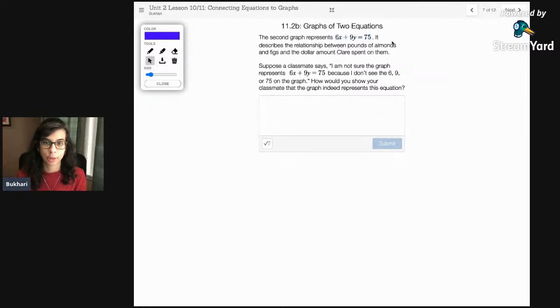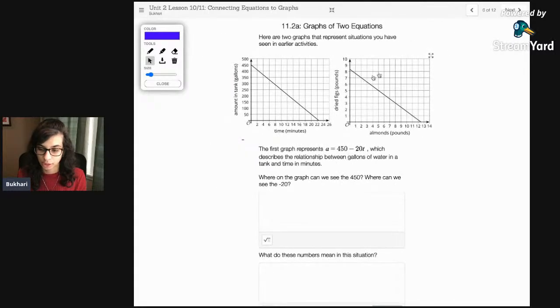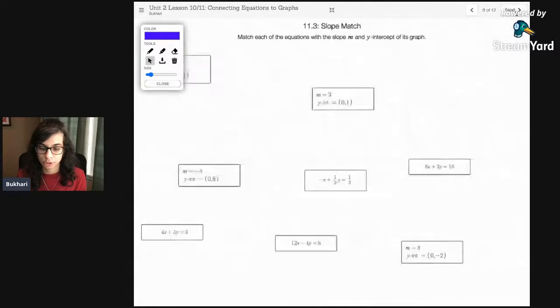And so think about what the definition of standard form is and how you can see where your 6x, your 9y, and the 72 can be found in your equation for the second graph. And so we'll talk about this more in class, but just start to explore those things.